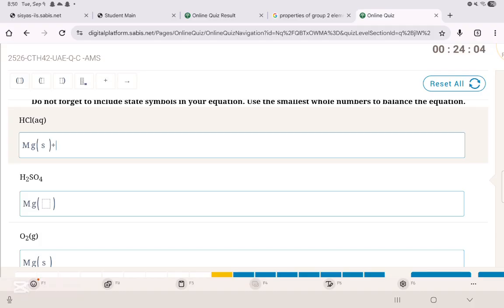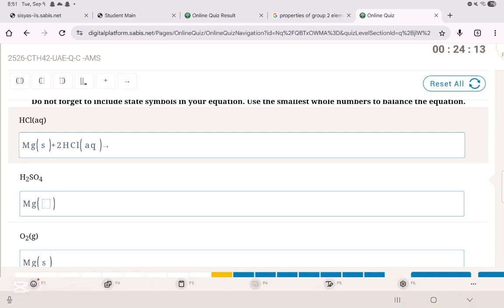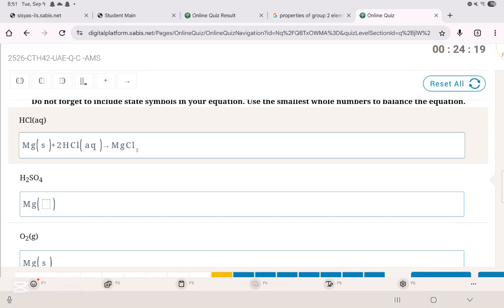Metal solid plus 2HCl. HCl is aqueous. It will give us metal Cl2, so in this case MgCl2 aqueous, because they're always aqueous with chlorine, in addition to hydrogen H2 gas.